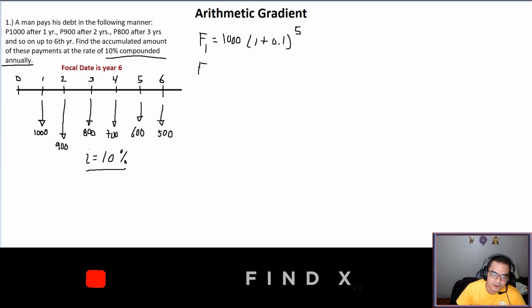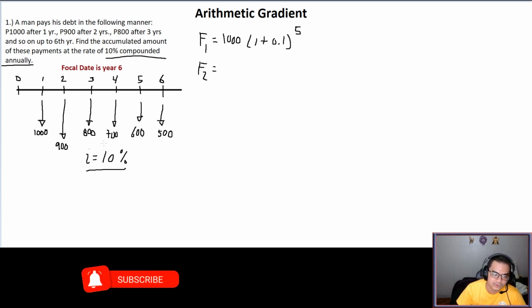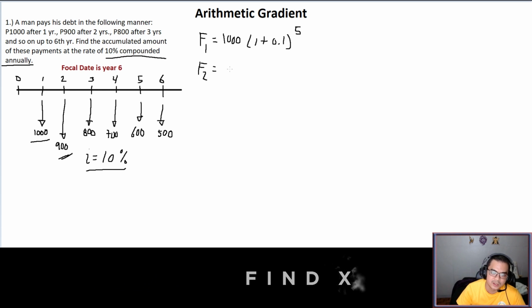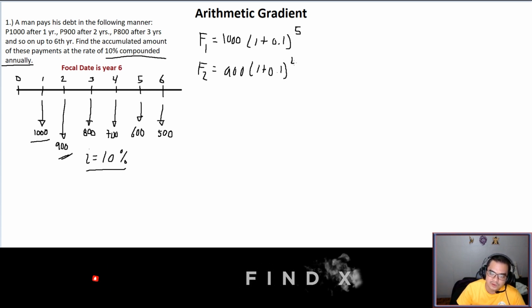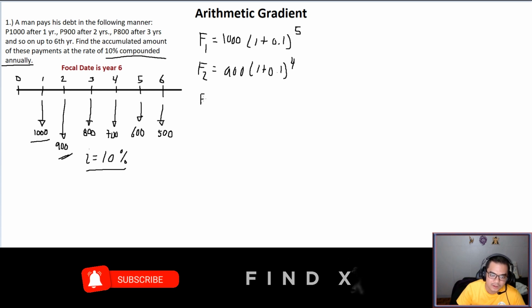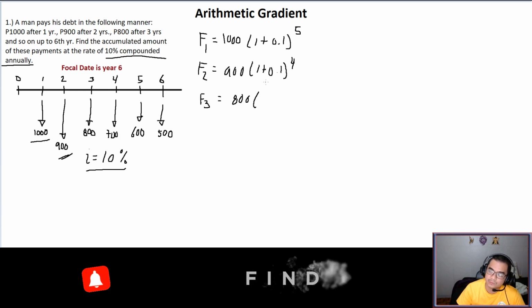Next, bringing F2. F2 is this one, 900. This is F1, this is F2. So this is 900 times 1 plus 0.1 raised to, that's 2 to 6, so that is raised to 4. And then F3, this is 800. I hope it's okay that I just make this 1.1, that's 1 plus 0.1, that is 1.1.